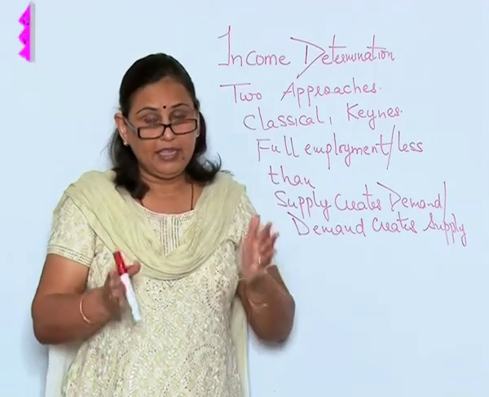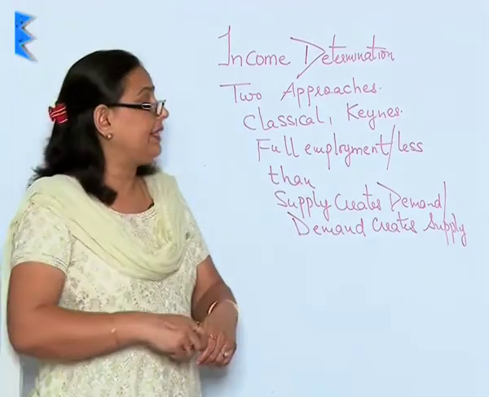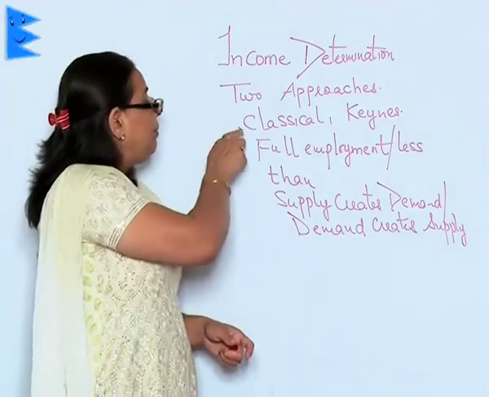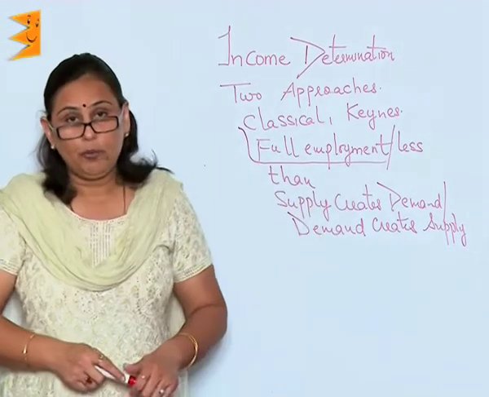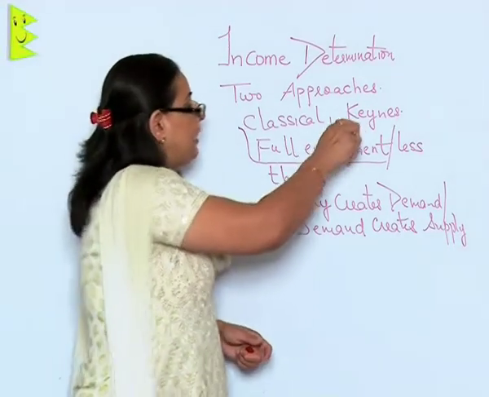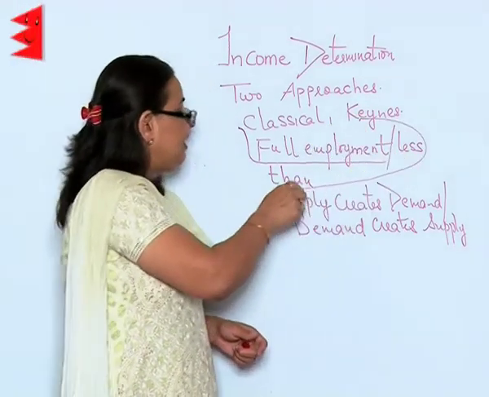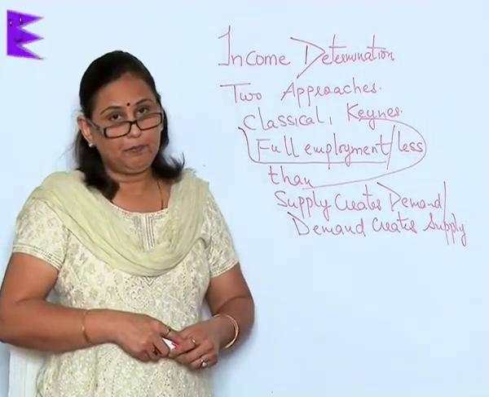Now, the basic difference between the classical theory and the Keynesian theory is that the classical theory believed that full employment is required to bring about equilibrium, whereas Keynes believed that less than full employment can bring about equilibrium.